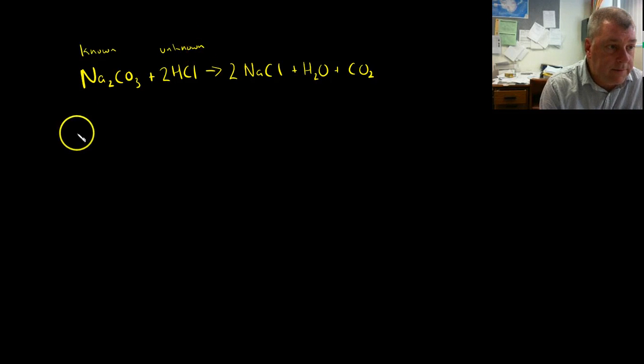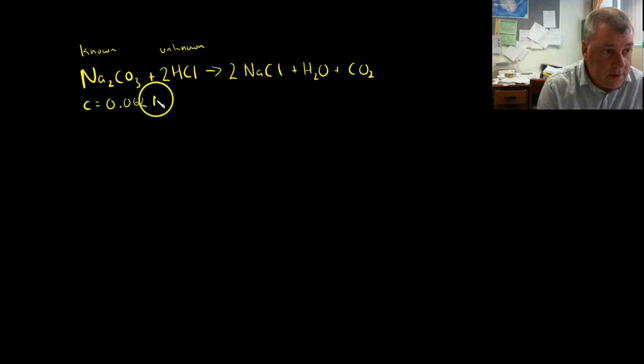So how do we go about it? First of all, what do we know about the known? We know C equals 0.062 moles per litre, and the volume required was 0.0235 litres.